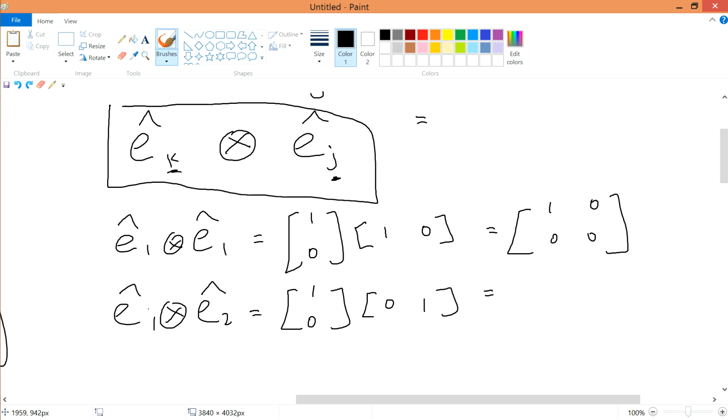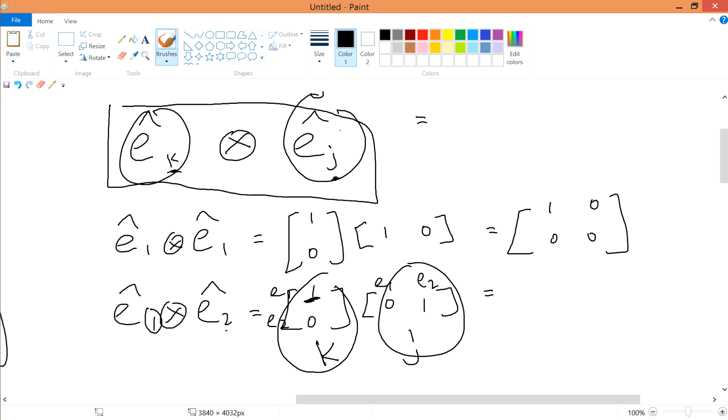So this 1 is for this thing. This is like E1 E2, and this is another E1 E2. This one is in the J space, and this one is in the K space.